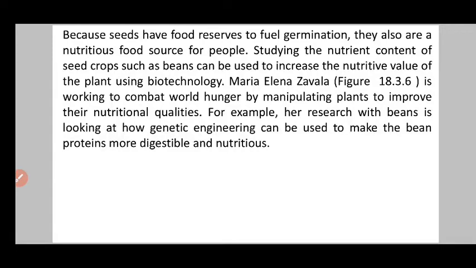During the germination it protrudes from the seed and forms the progeny or seedling. Okay, because your seed has food reserves to fuel the germination, they are also a nutritive food source for the people also. I told you that before.